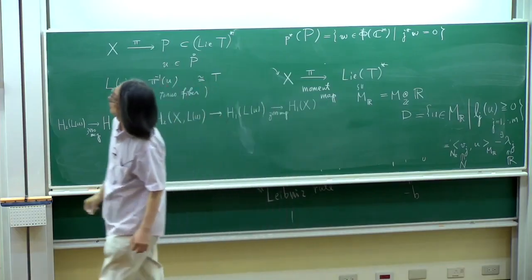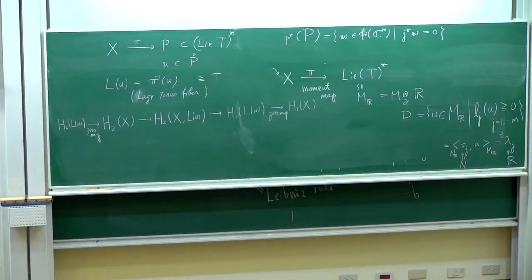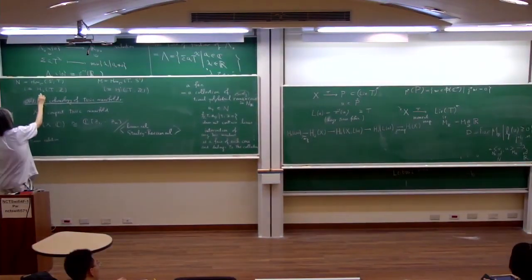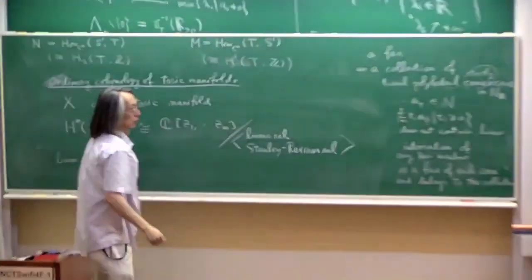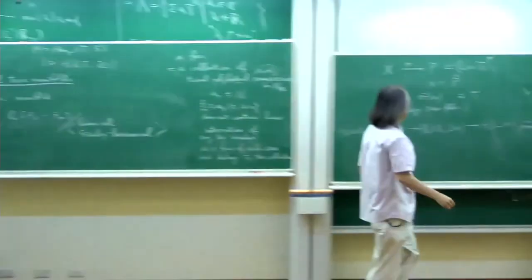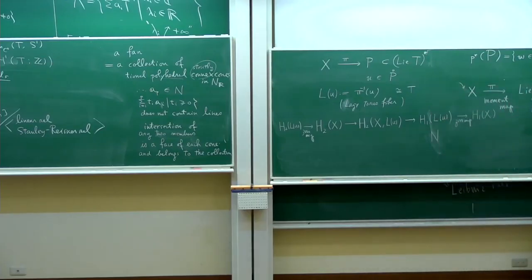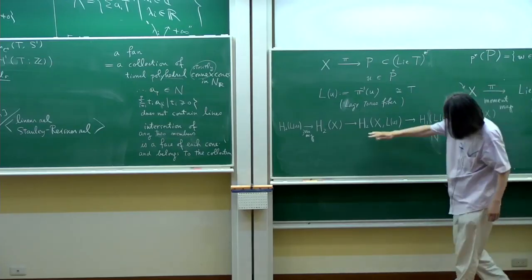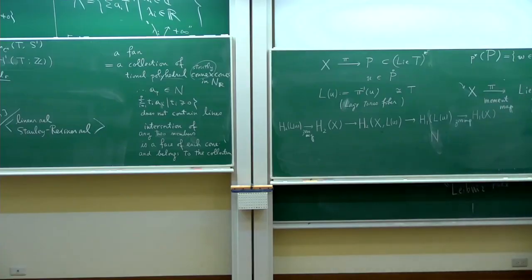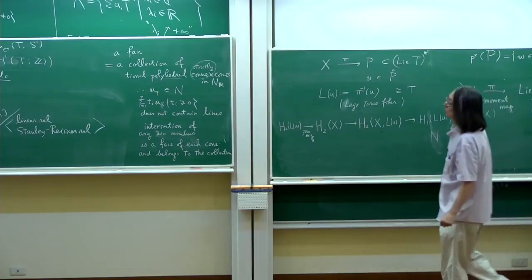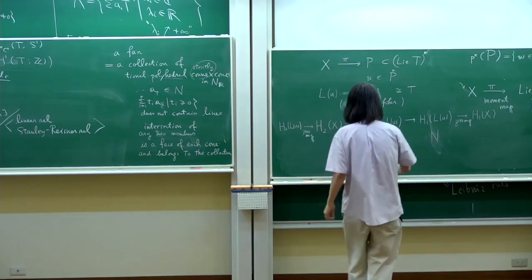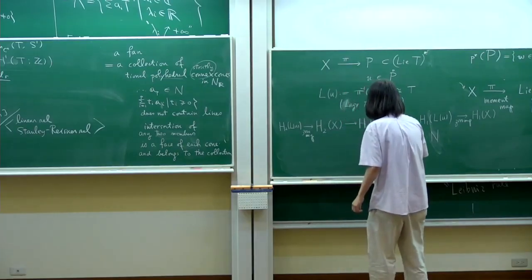And then, as I said, the first homology of the torus is identified with N. So therefore, this one is identified with N. And we can also see that this one is actually Z to the power m.